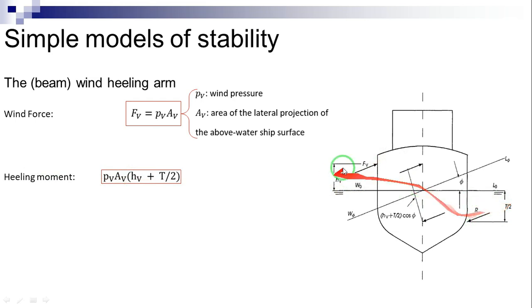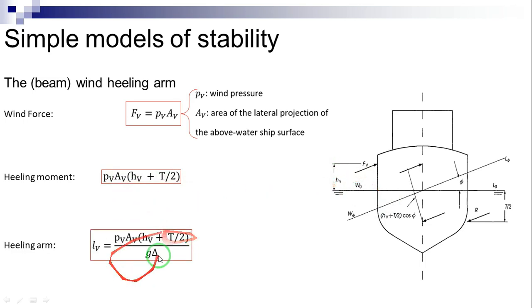The value of the heeling moment in the upright condition is Pv times Av times (Hv plus T divided by 2), where Hv here is the height of the sail area centroid above W0L0, as shown here. The heeling arm in the upright condition is calculated using this equation.